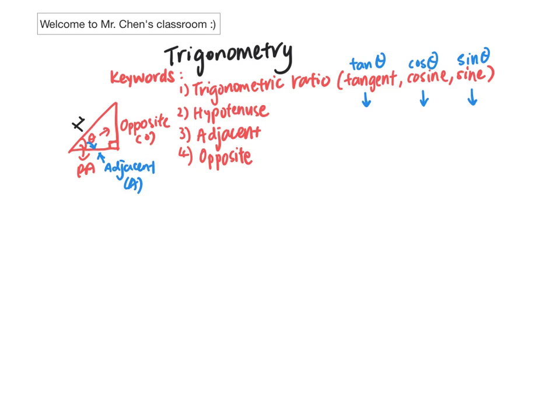Now that you got this out of the way, we will talk about the trigonometric ratios, of which there are 3: tangent, cosine, and sine. As we know, tangent is opposite divided by adjacent.